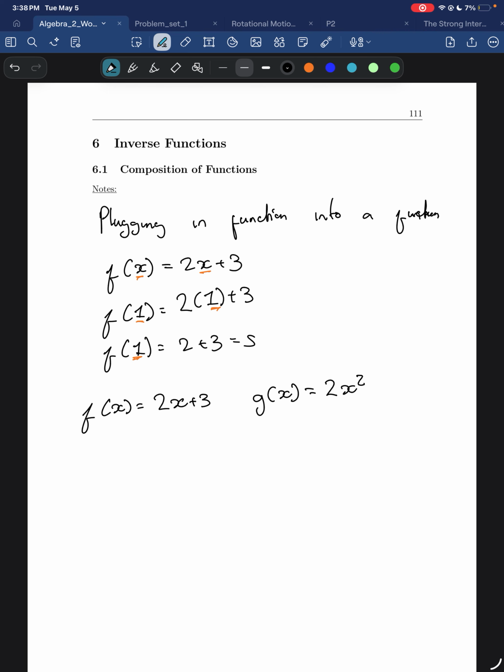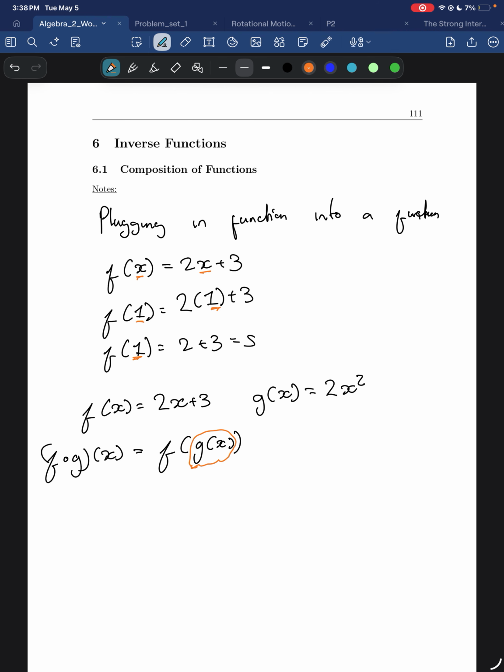If I say f of g of x, the main thing to notice here is that we are plugging in g of x where we'd normally put our x.